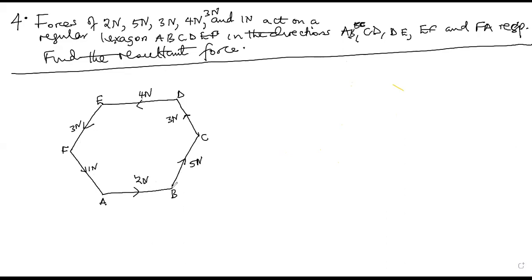See, the exterior angles of a hexagon are 60 degrees. We get 360 and divide by the number of sides, so we have a 60 there, implying that the horizontal component of this force here is 5 cos 60.